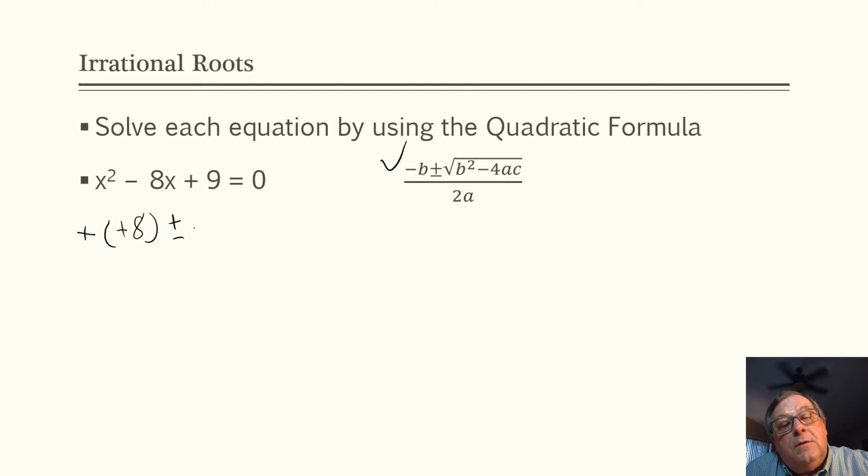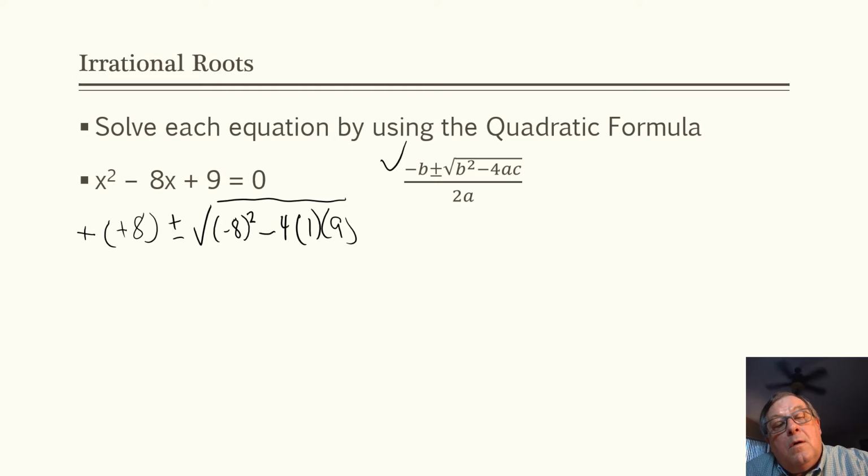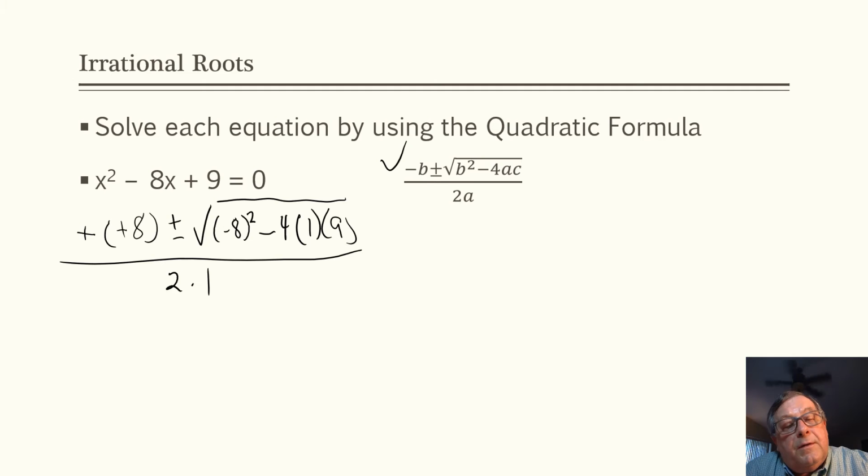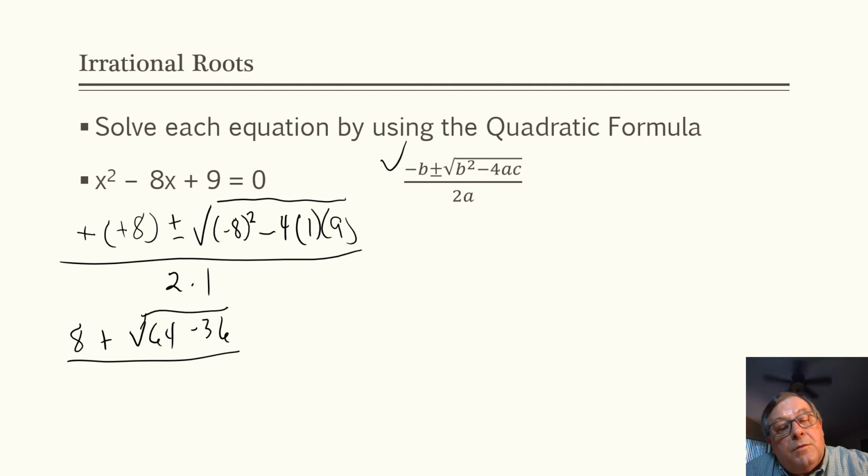Plus or minus the square root of negative 8 squared minus 4 times a, which is 1, times c, which is 9, and all of that's going to be over 2 times 1. So then we've got 8 plus or minus square root of negative 8 squared is 64. Negative 4 times 1 is negative 4. Negative 4 times 9 is negative 36. Square root of that over 2.